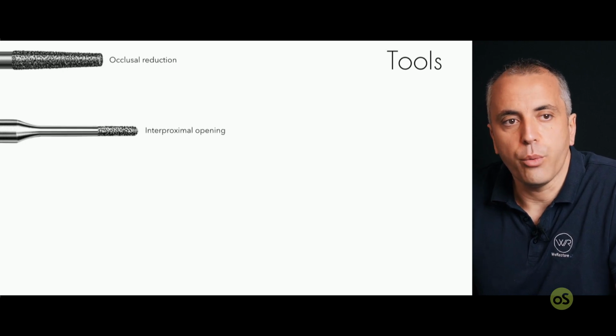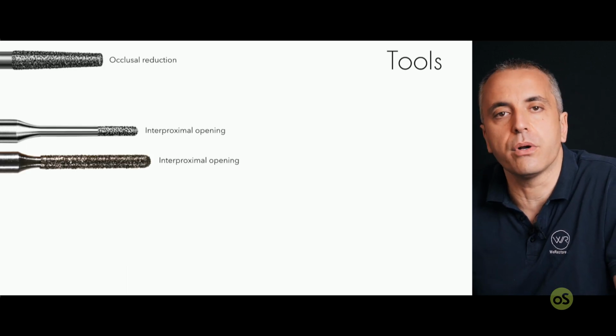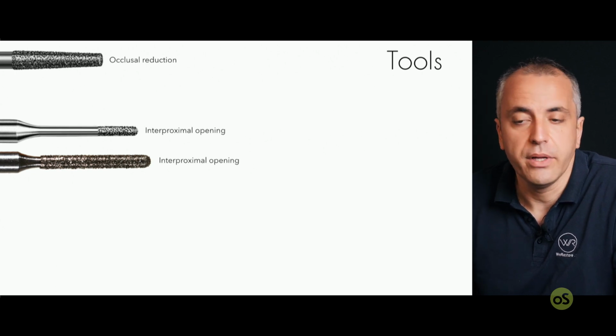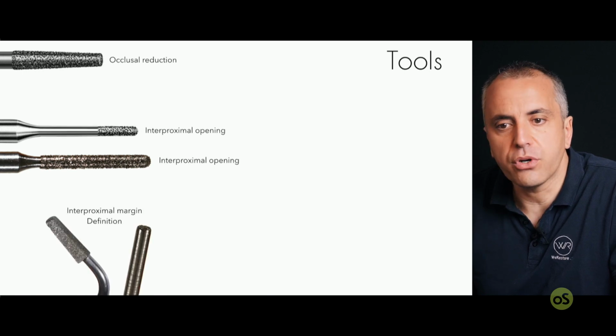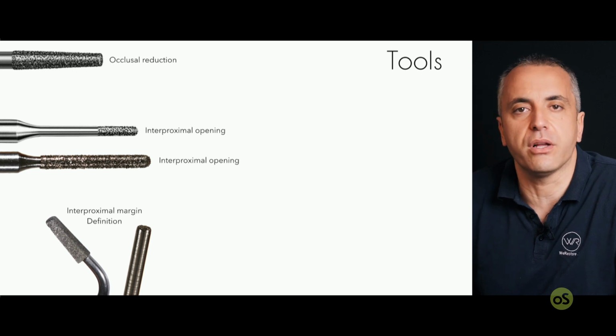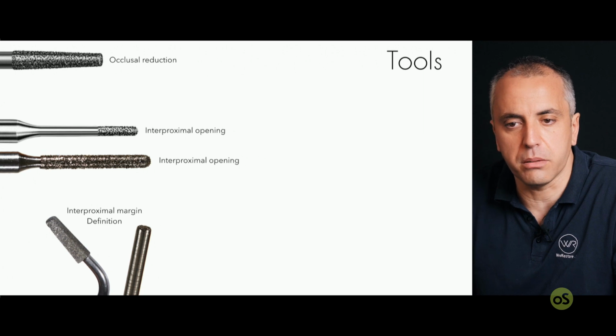Then of course we have to open in the proximal areas, and we use some small burr. This is a 007 for example, or a bigger one. I think this is 0.12, to open interproximally. And then of course we want to define the margin interproximally. We can use the burr that only cuts on the head, or we can use a sonic tip.